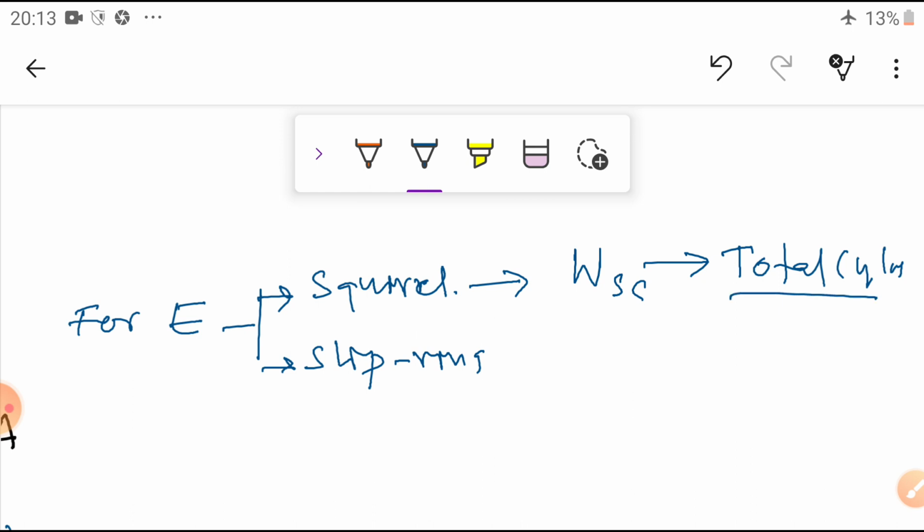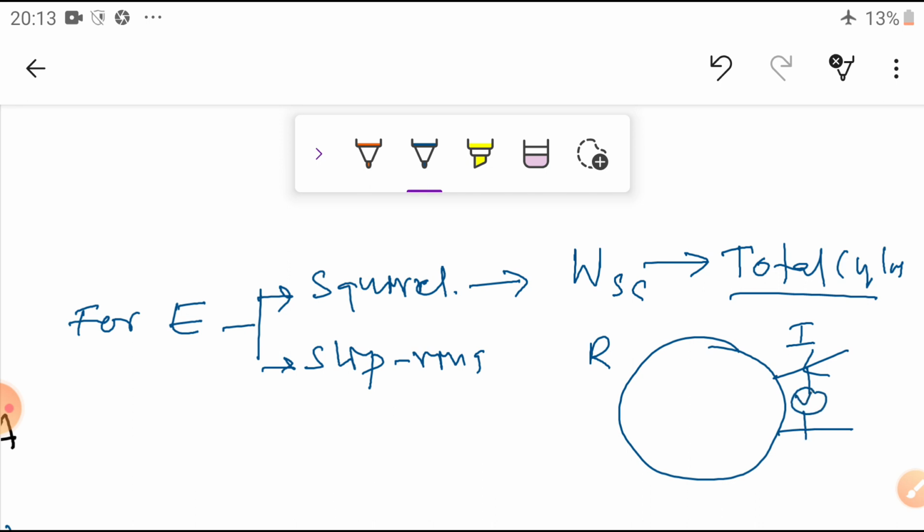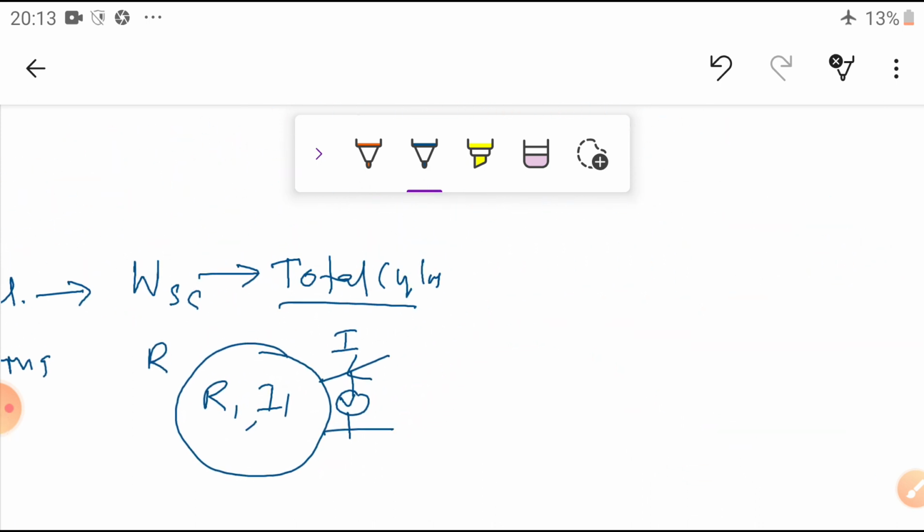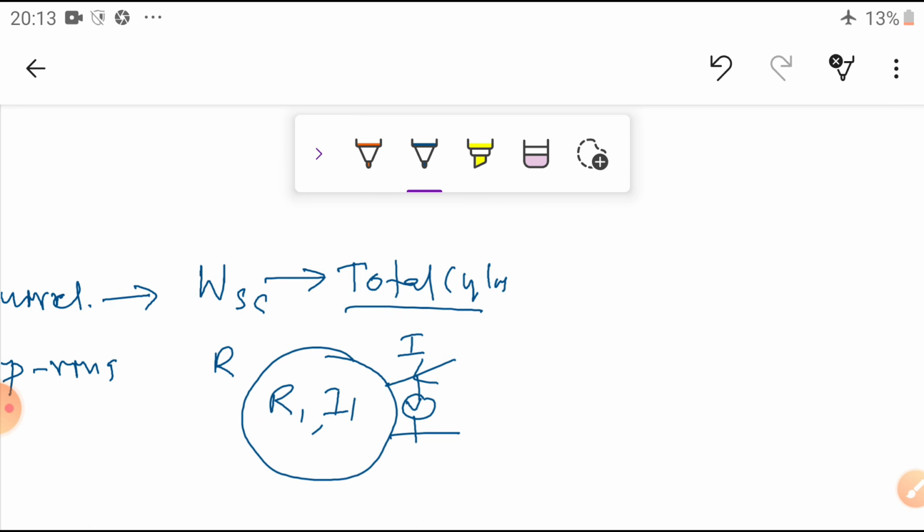I know the stator current and I know the stator resistance, conducted by the VI method. I injected some current and measured some voltage, and from this I get R1. At the same time I know I1, so I can calculate the stator copper losses.